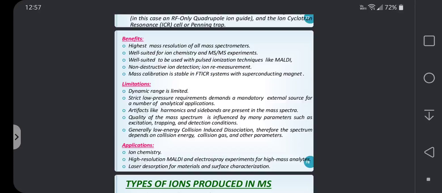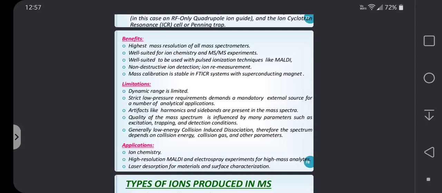It is well suited for ion chemistry and MS/MS experiments. It is well suited to be used with pulsed ionization techniques like MALDI. It has non-destructive ion detection and ion re-measurement. Mass calibration is stable in the FTICR system with the superconducting magnet.